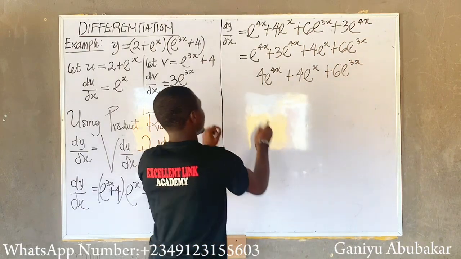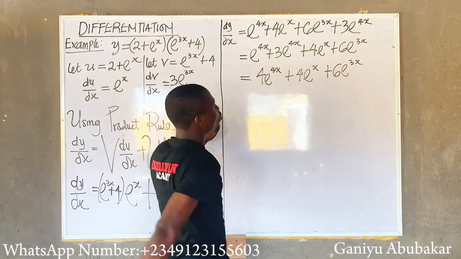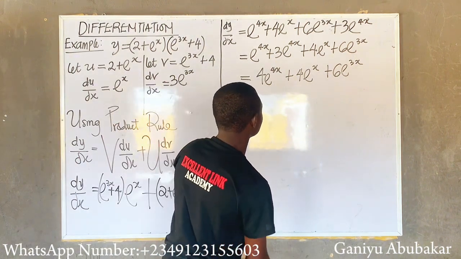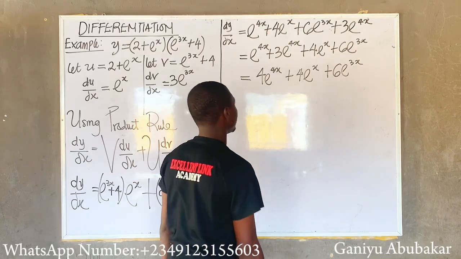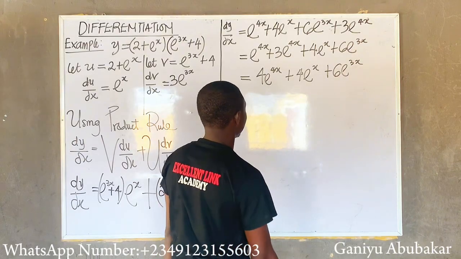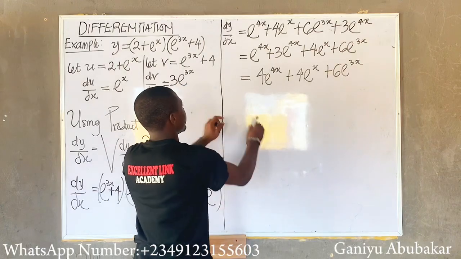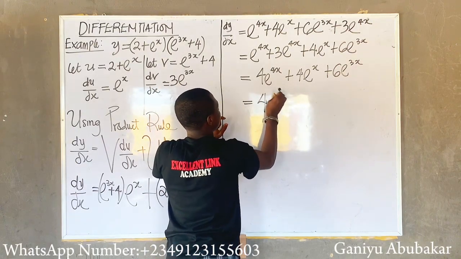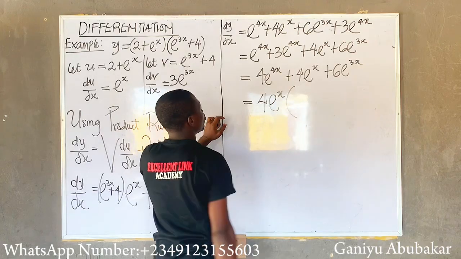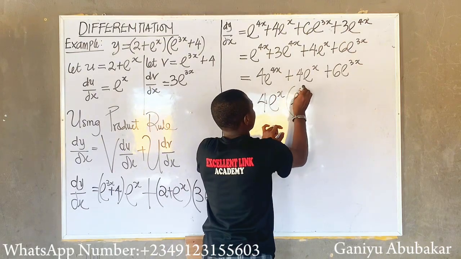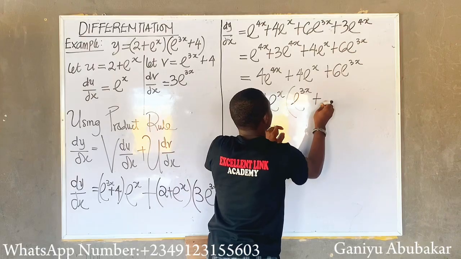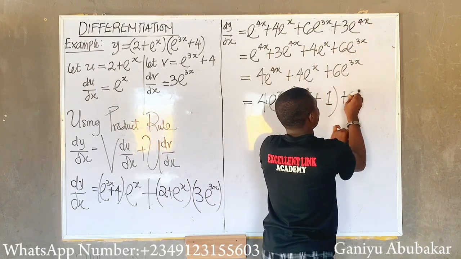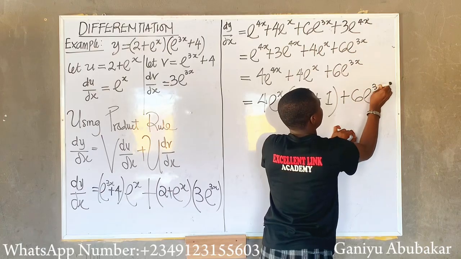If I want to, I can leave my answer this way. And if I still want to, I can factorize. I can say that 4 is common and bring out exponential x, into exponential 3x plus 1, plus 6 exponential 3x.